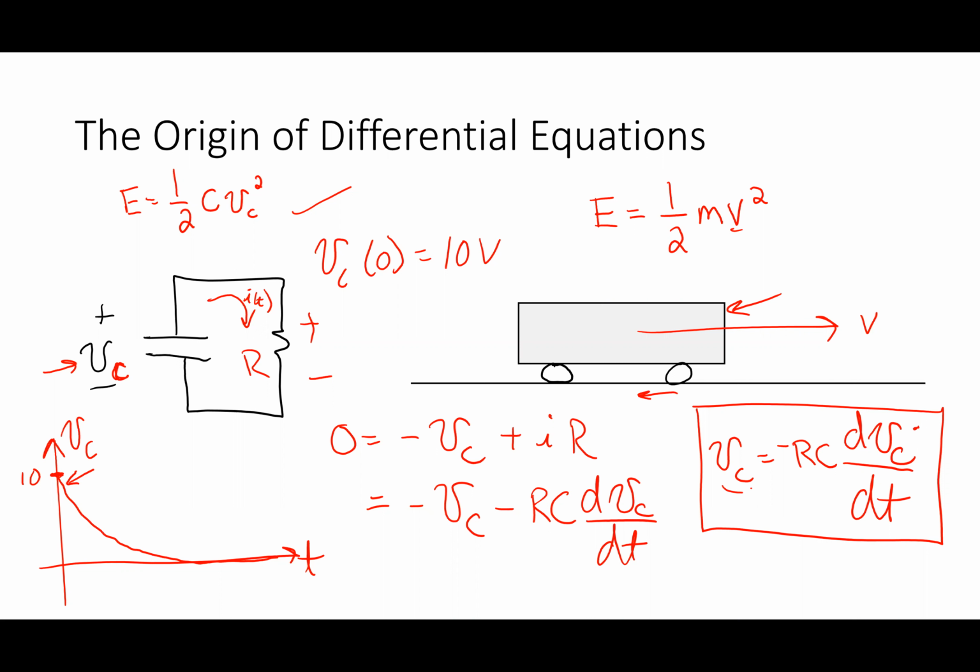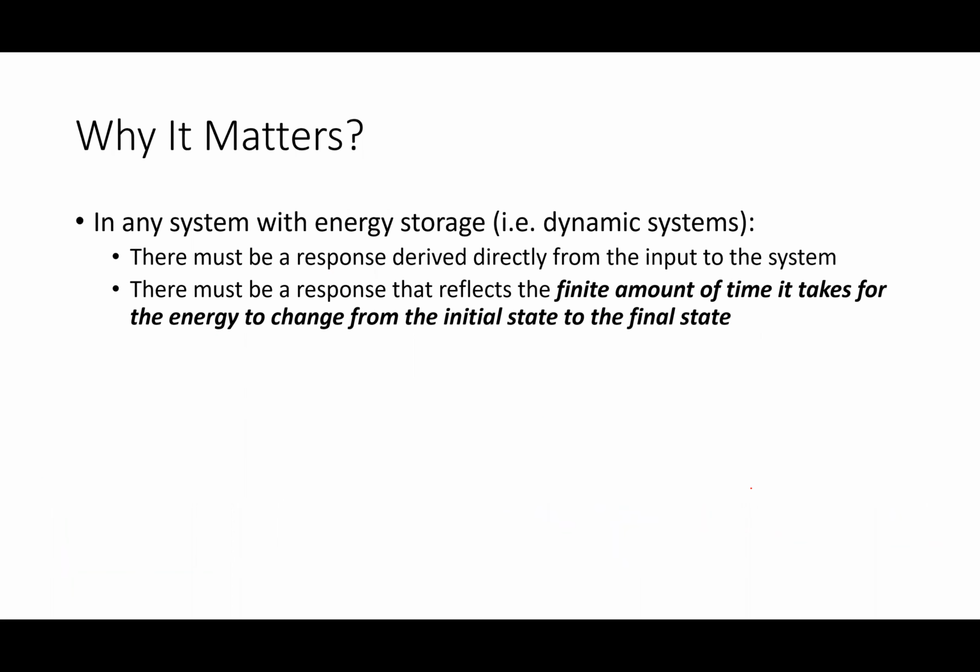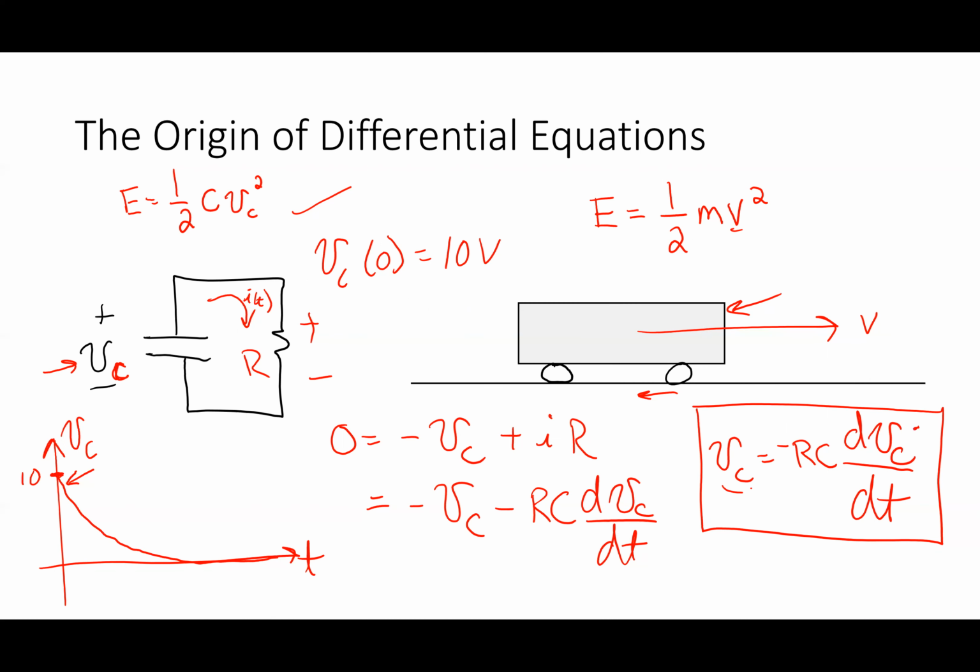And so anytime I have an energy storage element in any real system, a dynamic system, this is the important thing: because of this energy storage, like if I think of a car accelerating down the road and I let off the gas, it is going to take some time to slow down.